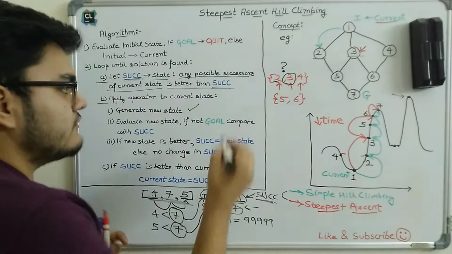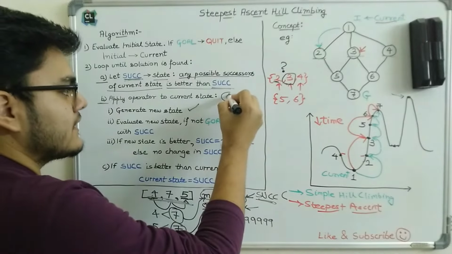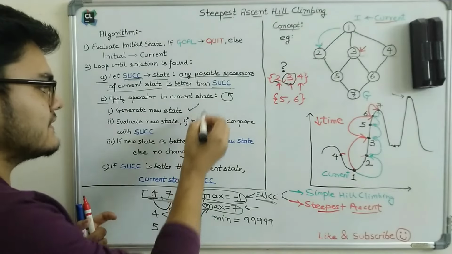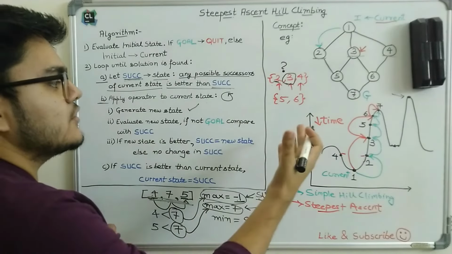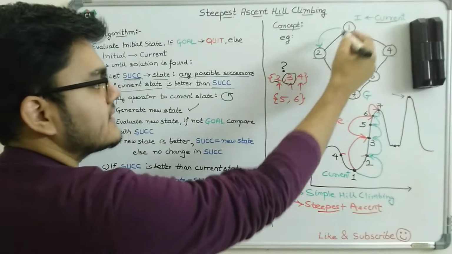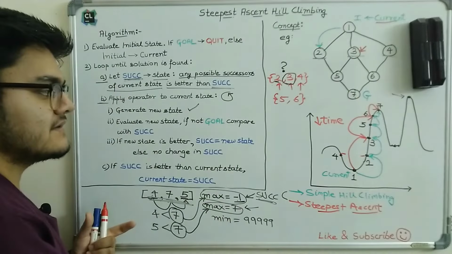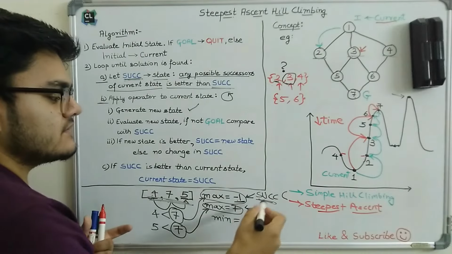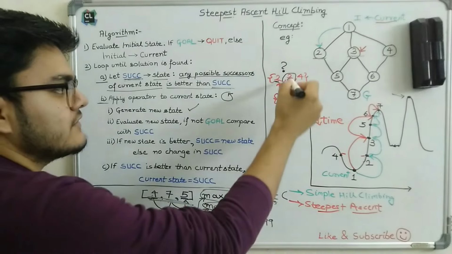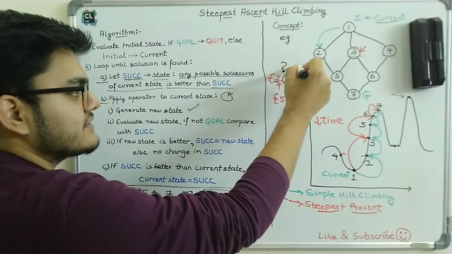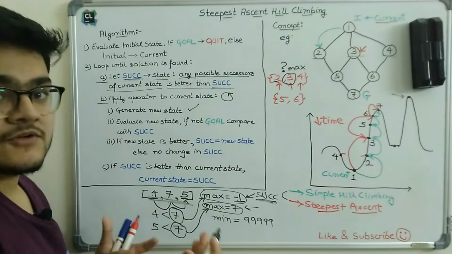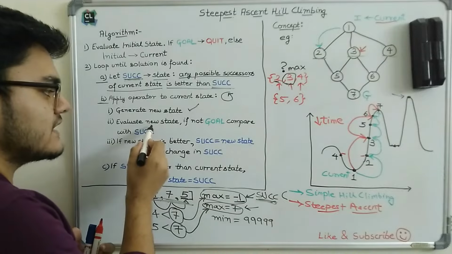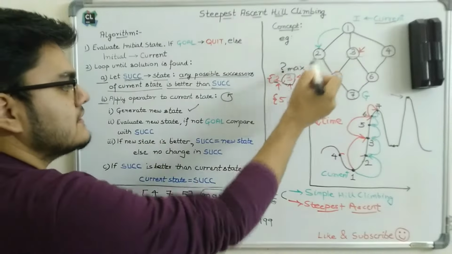So I'm just going to draw a symbol that this step B is going to come in a loop where we are going to apply the operator to generate all the possible states, right? And then we will use the successor to find out which one has the maximum heuristic value or the best heuristic value. Let's move on to the next step, which is to evaluate the new state, right?